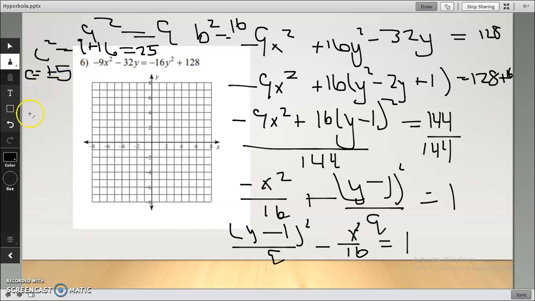My center, I'm going to say c for center, is at 0, comma 1. They tried to trick me, right? But my x comes first. My y comes second. My vertices, I'm adding to my, it's vertical, so to my y. So that's going to be 0, 1 plus or minus 3. I hate doing my graphs.